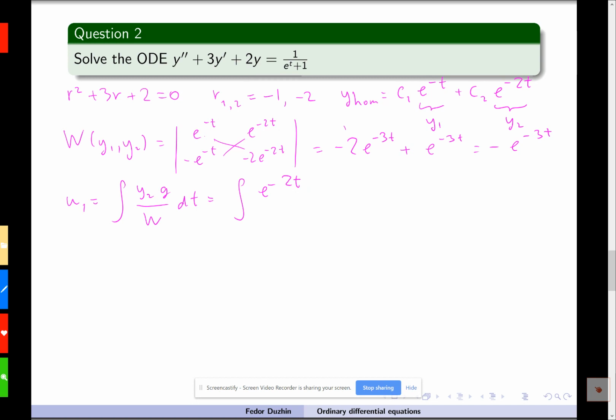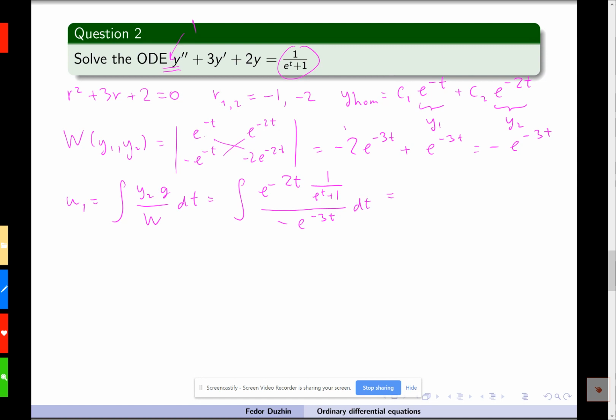Here g is the right hand side, but we need to make sure that the coefficient at y double prime is 1. And here it is indeed 1, so we don't need to do anything. So g is just 1 over e to the t plus 1, divided by our Wronskian, minus e to the minus 3t, dt.